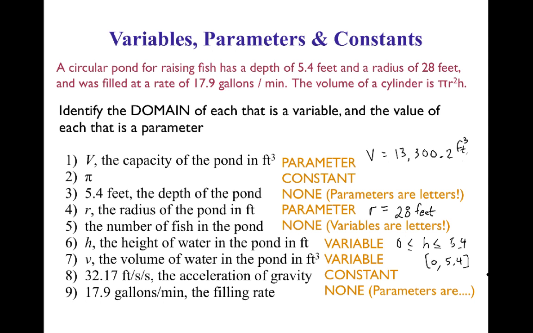Should be easy. Okay, then volume of the water in the pond. I won't write it, but it'll be the same kind of answer, and we'd go from what to what? 0 to the 13,000, right? It would be the same exact type of answer as 6, but it would be 0 to 13,300.2. Or, to make it easier, what could you write?